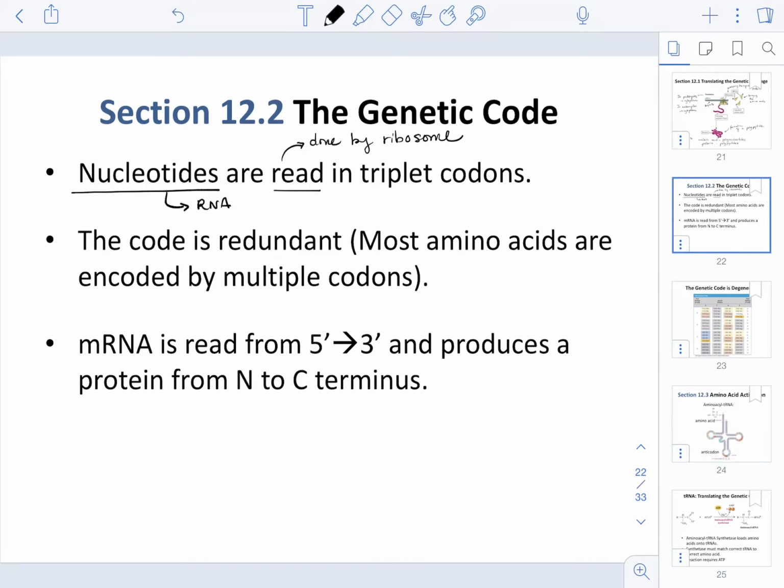Basically, we're going to be reading 3 letters, and when I mean letters, these are the nitrogenous bases, at a time. And this 3 letters is what's known as a codon.